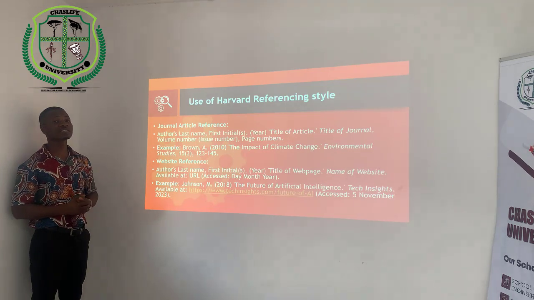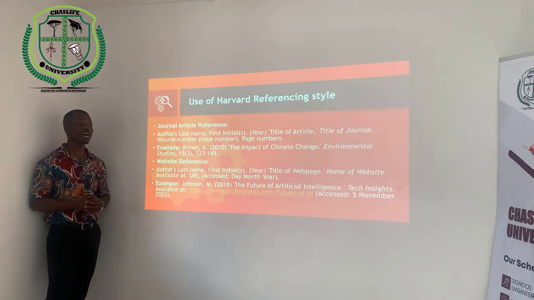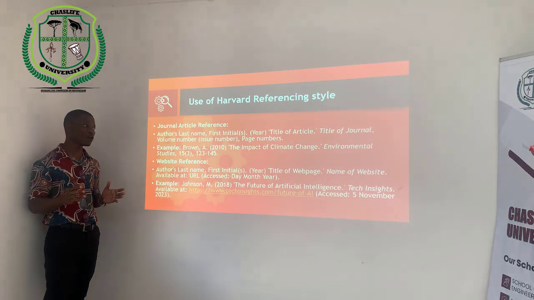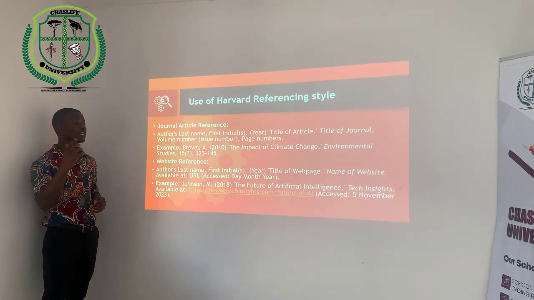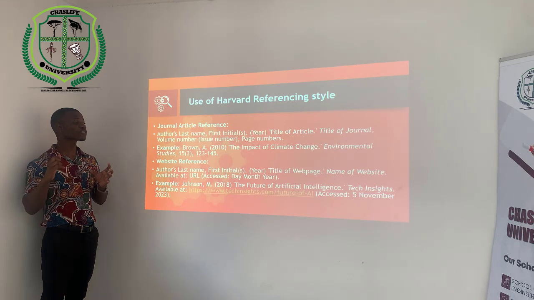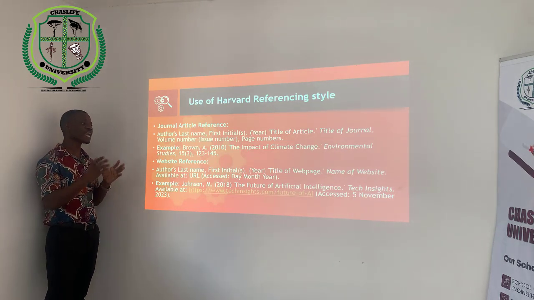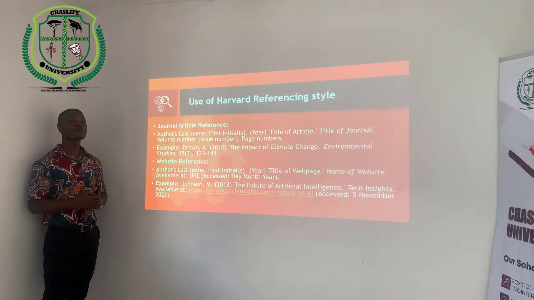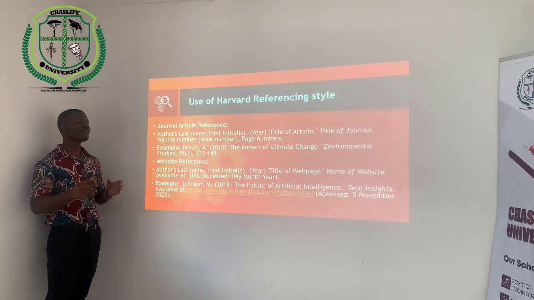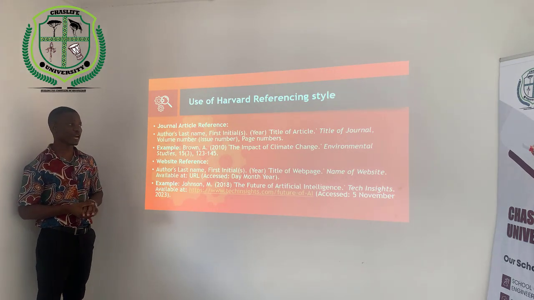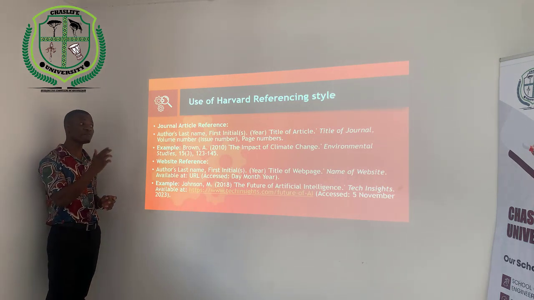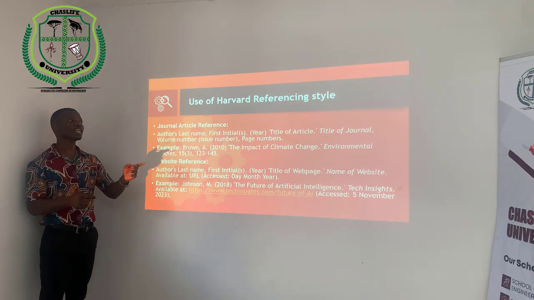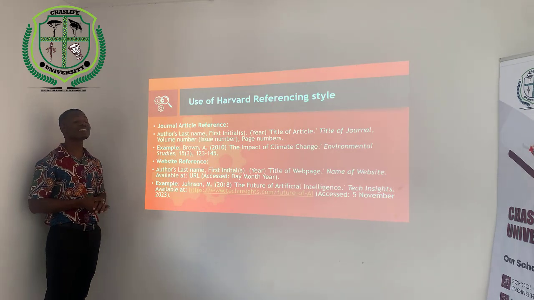There is also an example down here where we have Brown. Remember, Brown is the last name, and then A is the initial from the first name. And then 2010 is the year. Are we together? And then The Impact of Climate, remember, at this point is the title of the article.